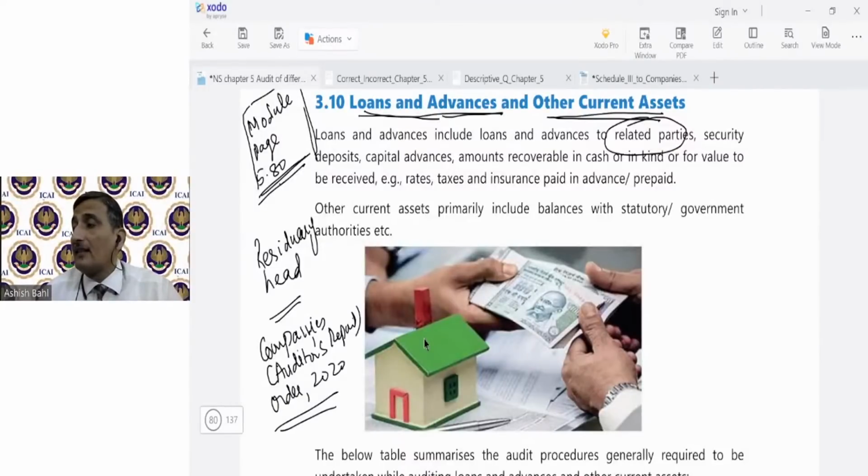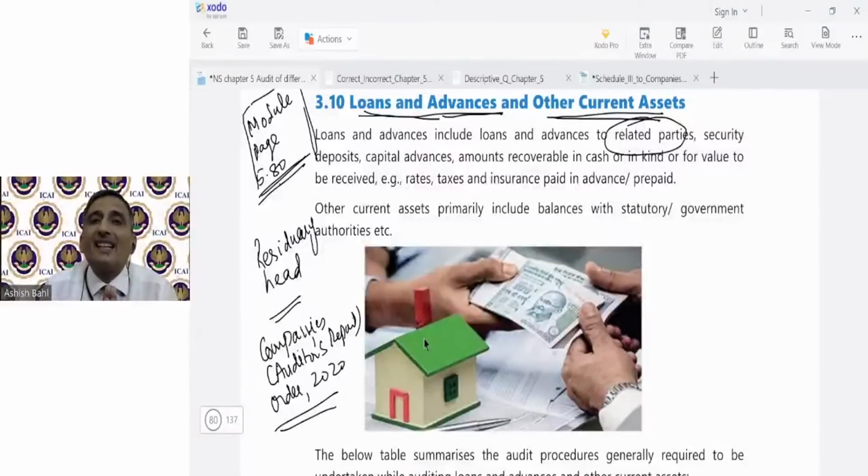Yes, Avni, you are saying why such disclosures are required? Avni, these disclosures are specific requirements of law. These are contained in Schedule 3, a schedule forming part of Companies Act 2013.